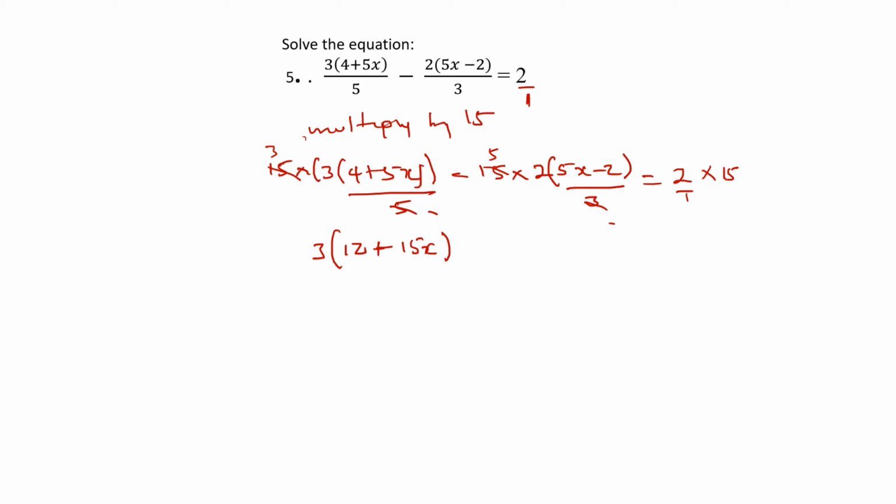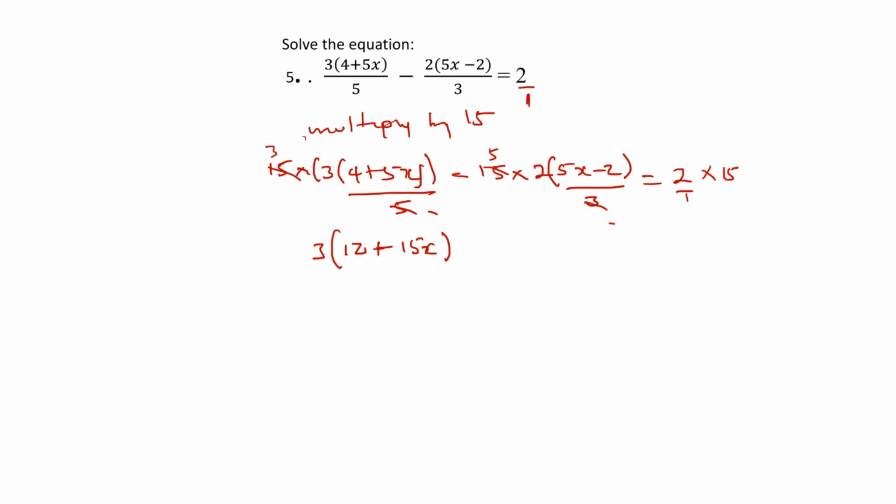Close this bracket. Remember the 3 here. We have expanded this first one. 3 multiplied by 4 is 12. 3 multiplied by 5x is 15x. So we now have this minus sign.